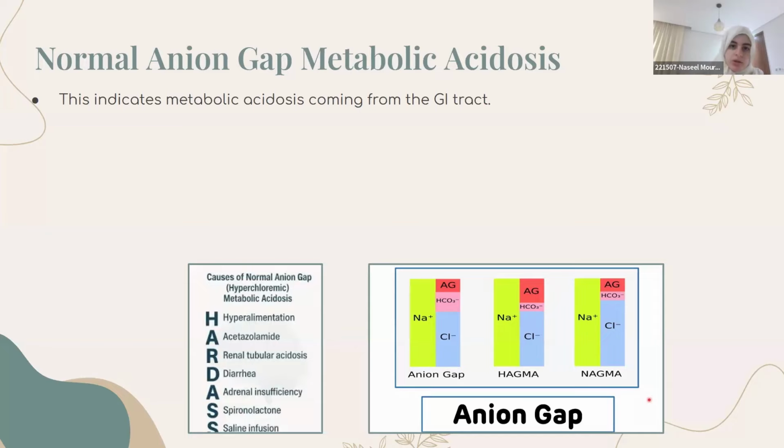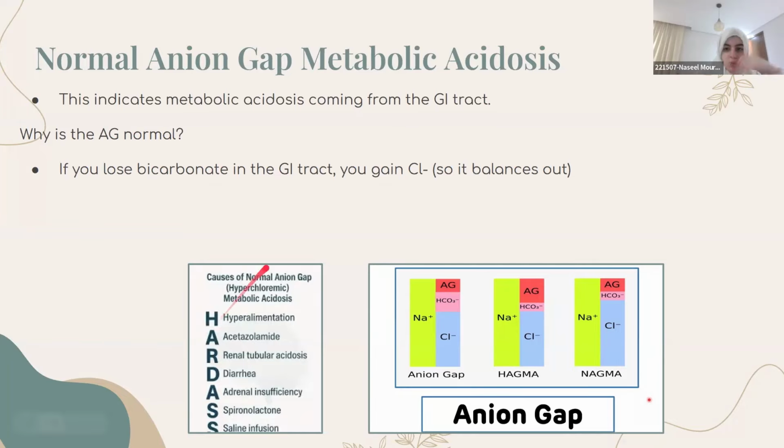Normal anion gap metabolic acidosis means that your problem is coming from the GI tract. It's not coming from metabolism or from the kidneys. So basically, you're losing negative ions from the GI tract. Now, why is the anion gap normal? We said that you do lose bicarbonate in metabolic acidosis, right? However, if you look here, what happened to the chloride? It's increased.